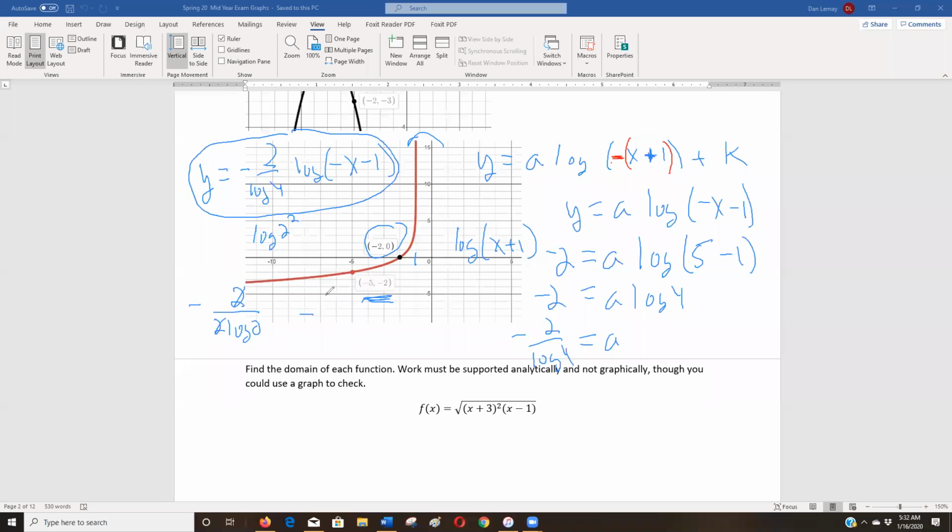So we could just have written this as -1 over the log of 2, times the log of -x minus 1. Log of this divided by log of 2 is the change of base formula. So we could have just written this as log base 2 of -x minus 1, and then, of course, we have that -1 out in front of it. Okay, so that would have been a simplification, but this is all you needed to show me. Next question.